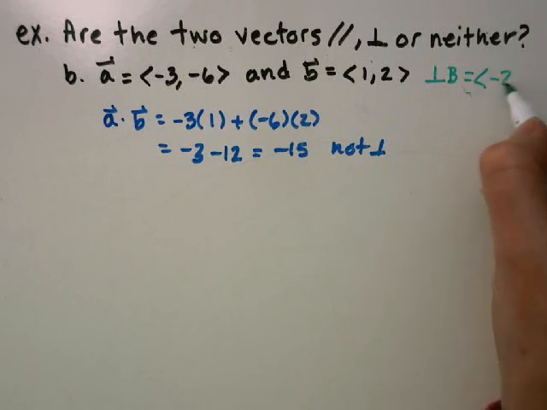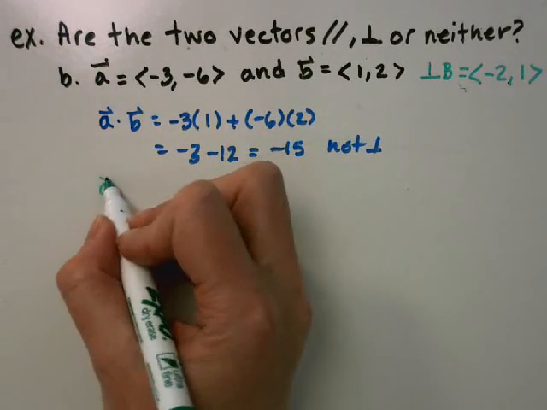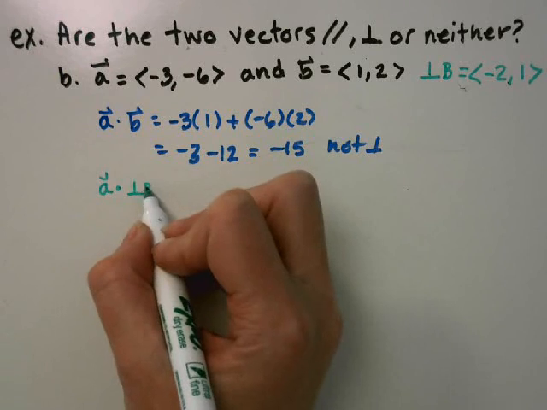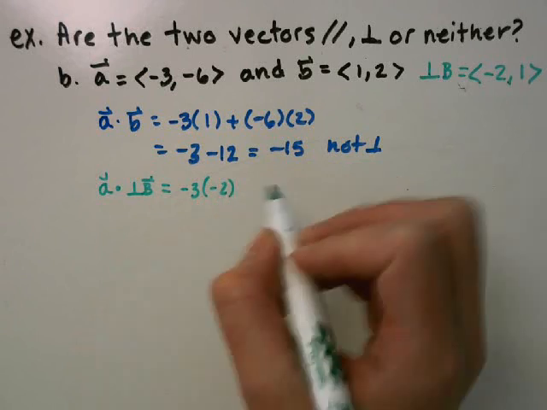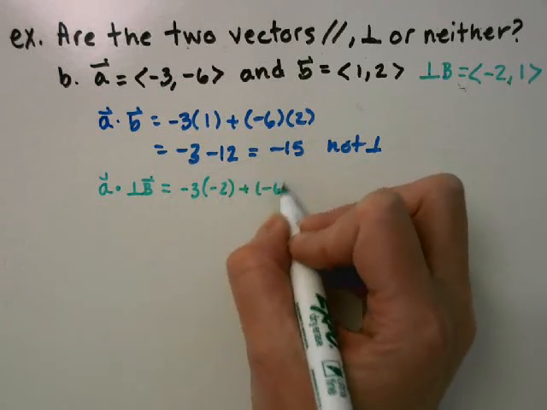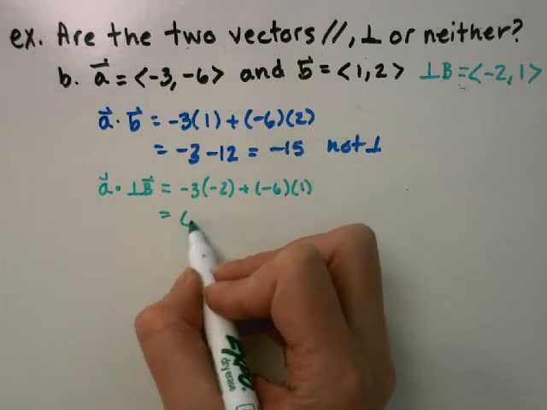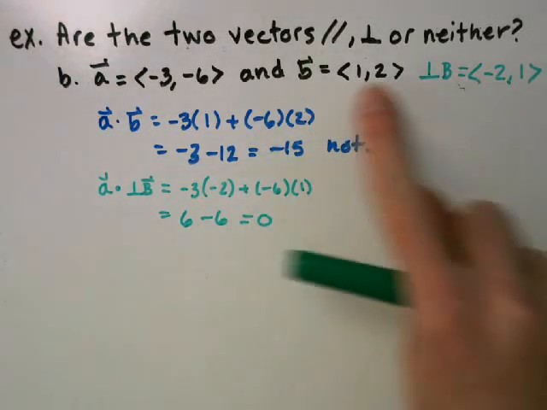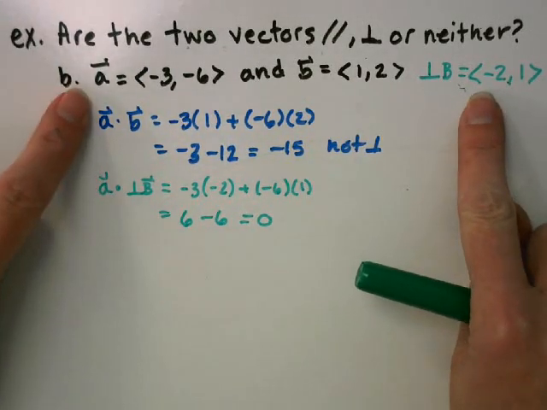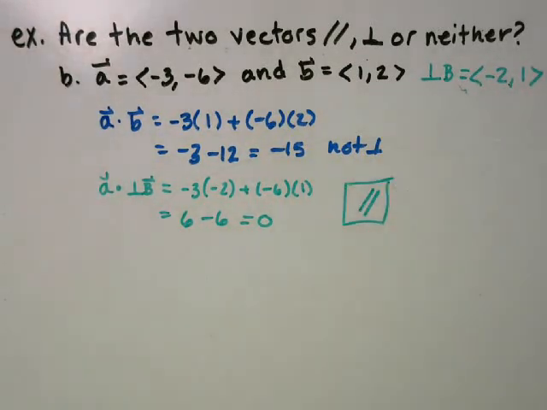So I'm just going to make (-2, 1), or you could have done (2, -1). Now I'm going to dot A with perpendicular B. We're going to have -3 times -2 plus -6 times 1. Negative times negative is positive, 6 minus 6, which is 0. So these two are perpendicular, these two are perpendicular, which means these two are parallel.